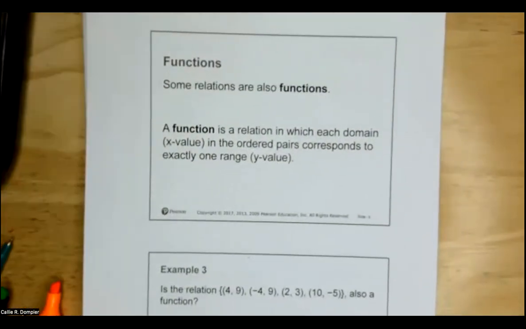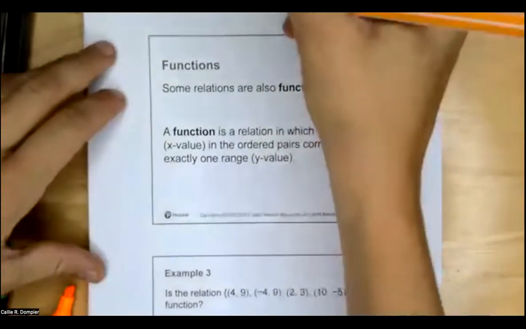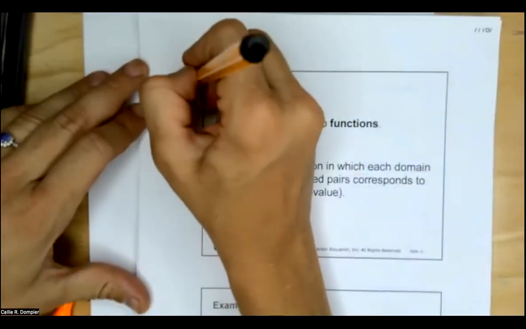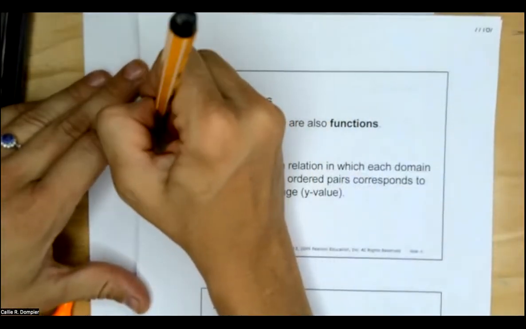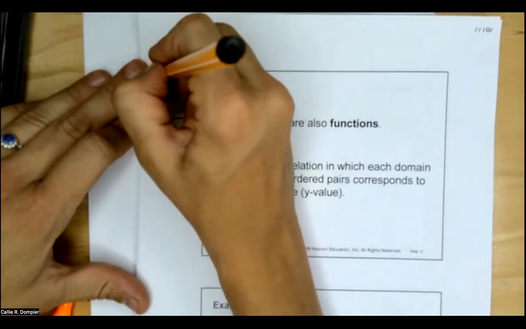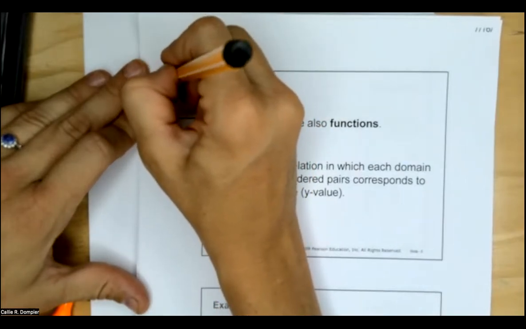Do you remember when we talked about real numbers, integers, whole numbers, and the other one? Anyway, we made little pictures of things inside other things. So all of these examples were relations.